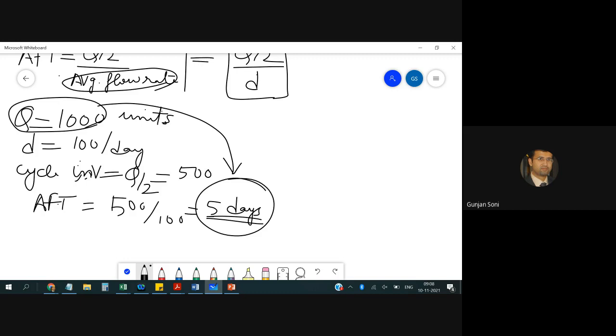So because of cycle inventory you are having a flow time of 5 days. Ideally, should it be high or low? Can anyone tell? Should you have high flow time or low flow time?